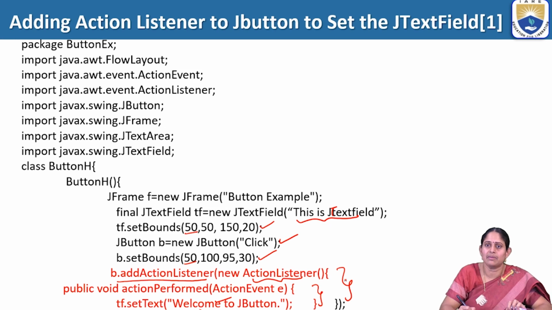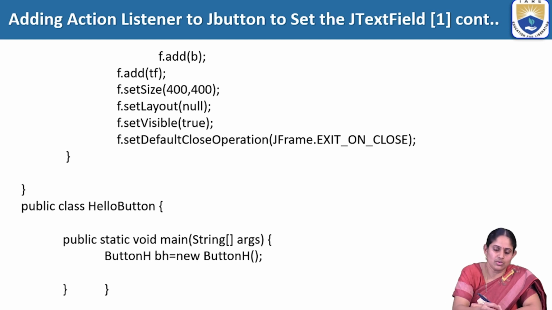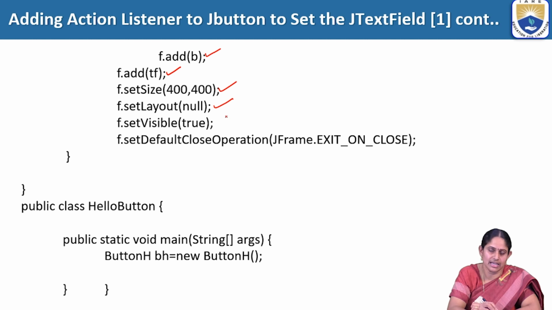Here we are making use of an anonymous class, so we just have to be very particular about the syntax. Then we are adding the button and text field onto the frame. Then we are setting the size of the frame to 400 by 400. There is no particular layout applied, hence the setLayout method parameter is null, and the visibility is true so that the output is visible while executing.